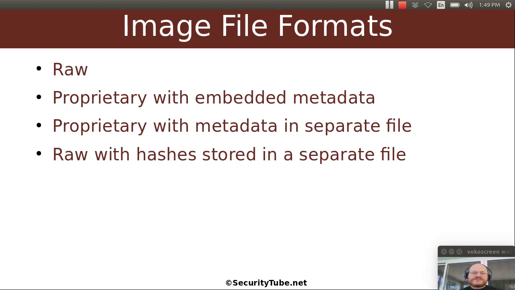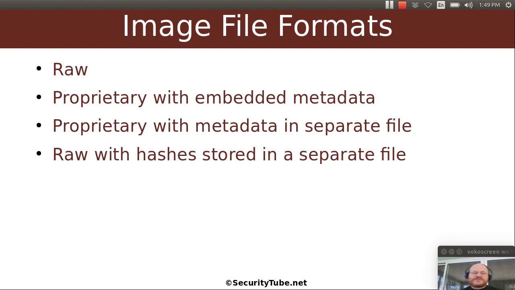There are also several proprietary formats, some of which embed the metadata into the file. So there's one big happy file, and essentially what they have is chunks of raw data with metadata shoved in every so often. That's another popular file format.